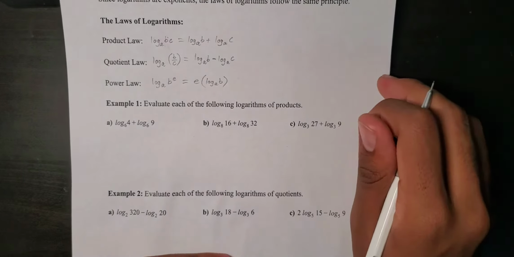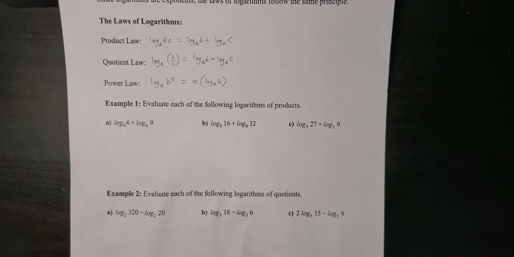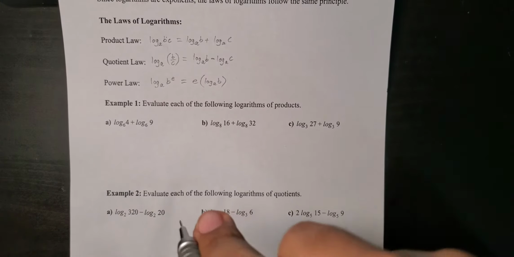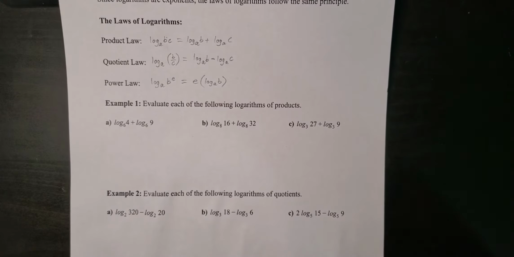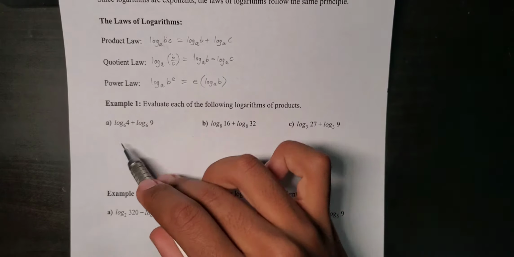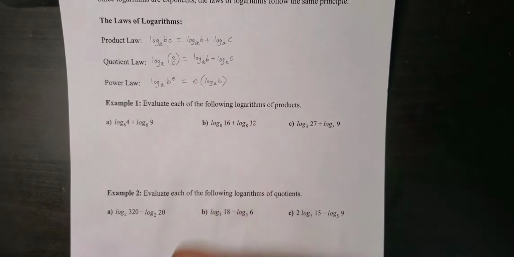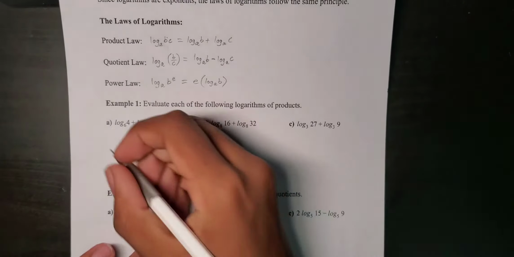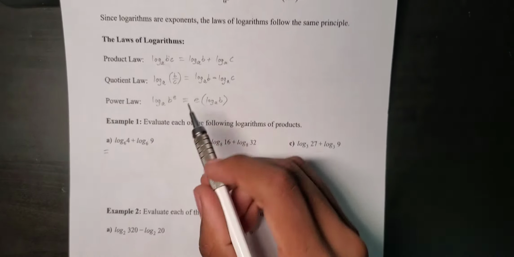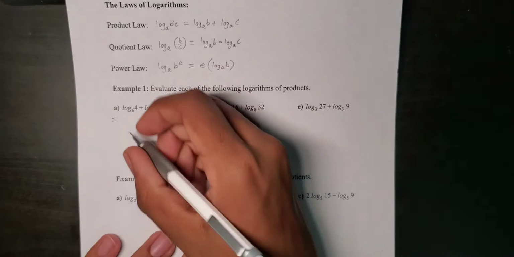So let's work on some examples. Evaluate each of the following logarithms of products. So here we have log 4 plus log 9, both with the base of 6. So we solve it based on the product law.